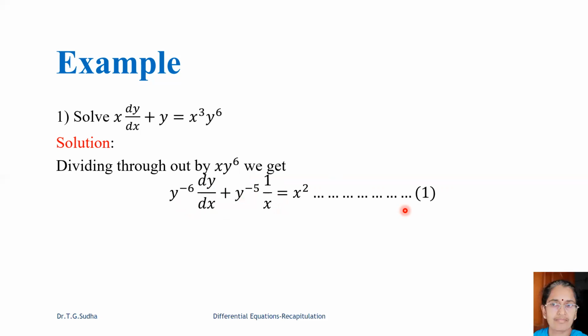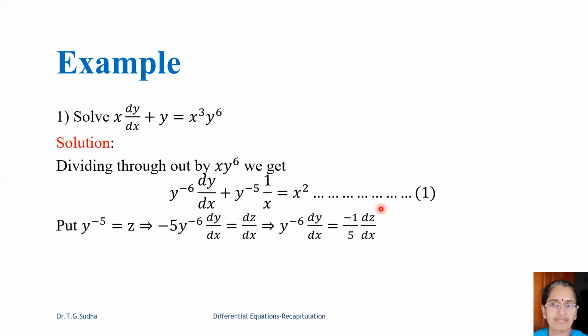Now let us use the steps of solving Bernoulli's equation. So we put y to the power of minus 5 equal to z. So we need to substitute for dy by dx in terms of dz by dx. So let us differentiate y to the power of minus 5 equal to z with respect to x.